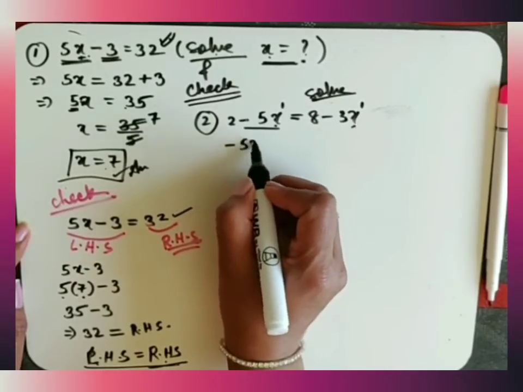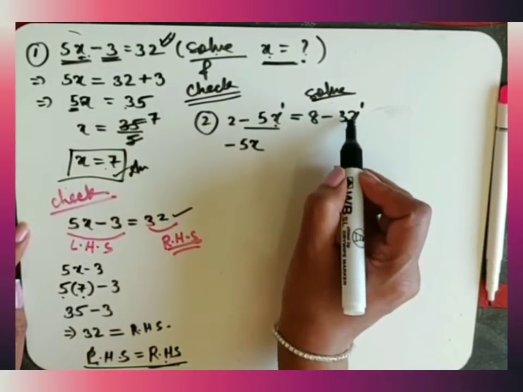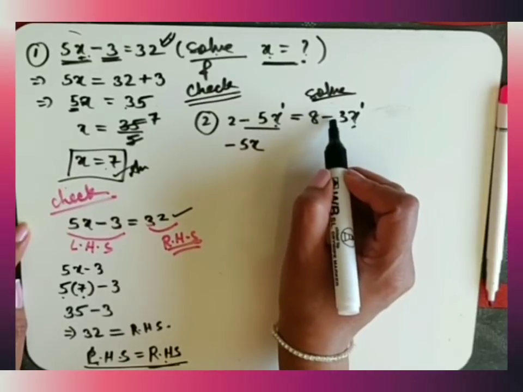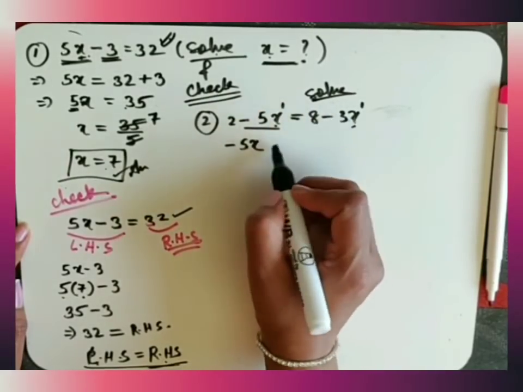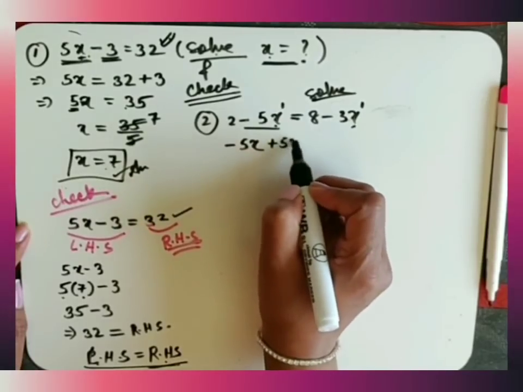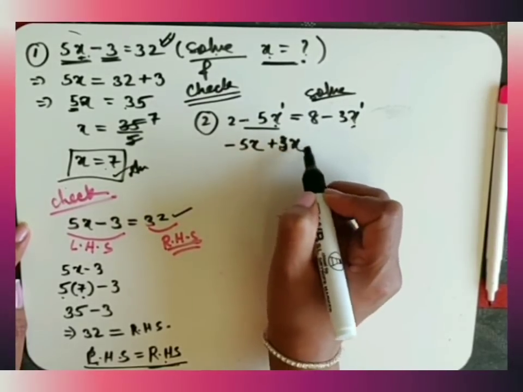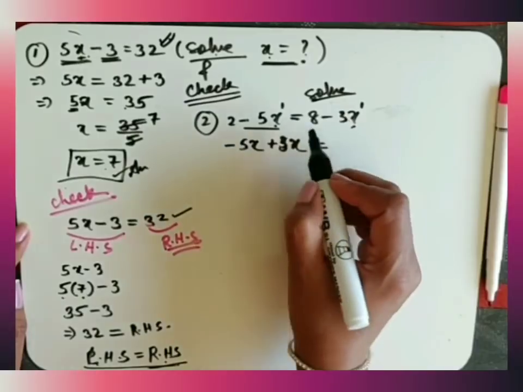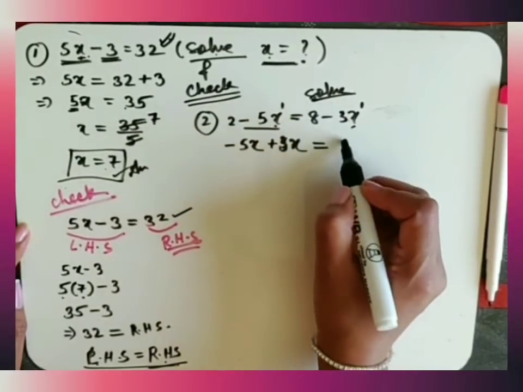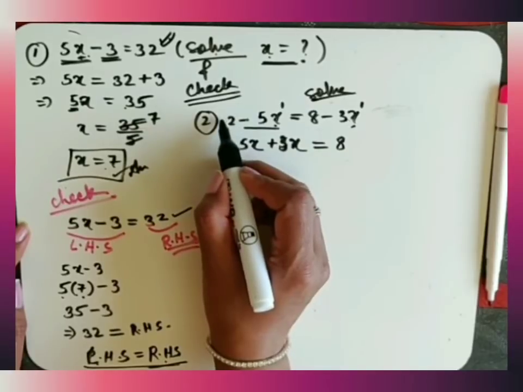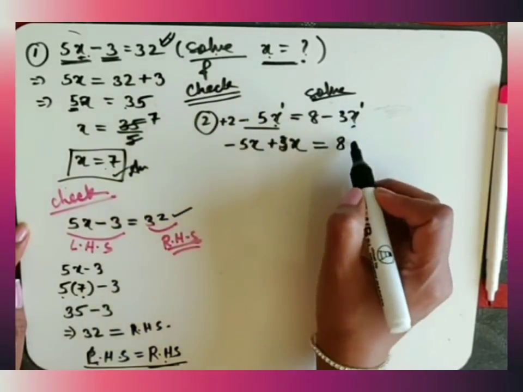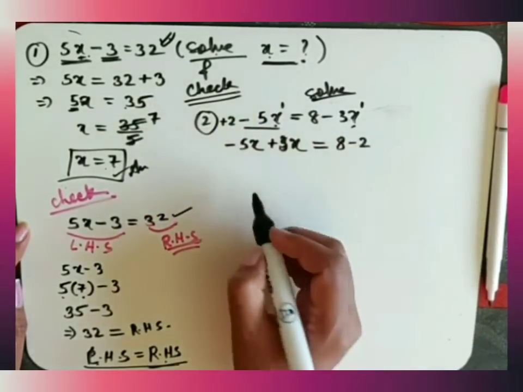So minus 5x, and after the equal sign we have minus 3x. Bring this to the left hand side, so minus 3x will become plus 3x. Put the equal sign, and after the equal sign we have the constant term 8, and before we left here 2. The 2 is plus, so it will come over this side and become minus 2.